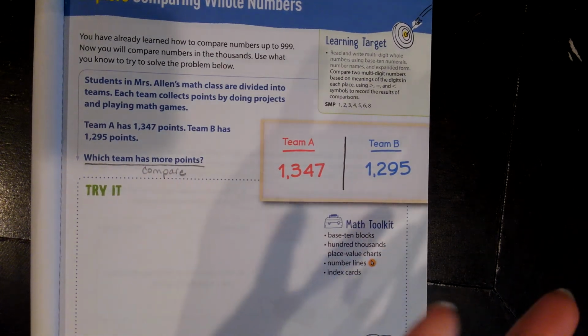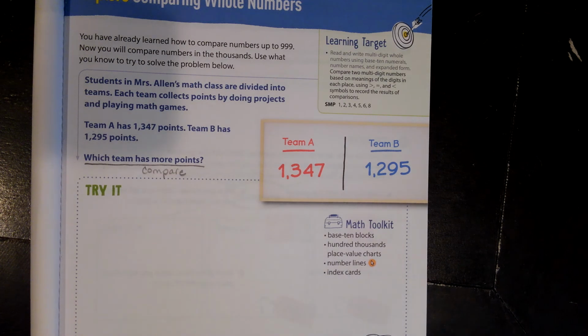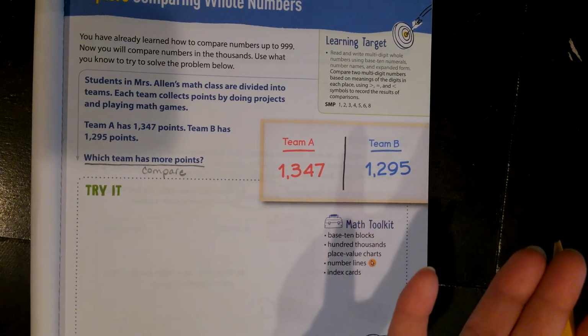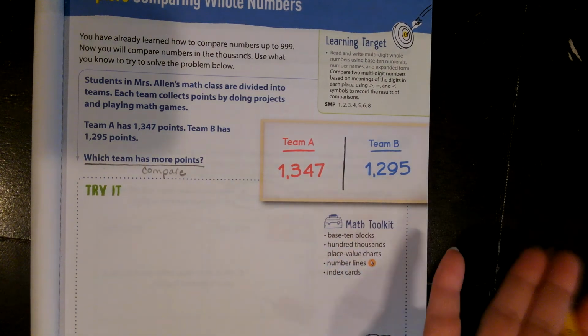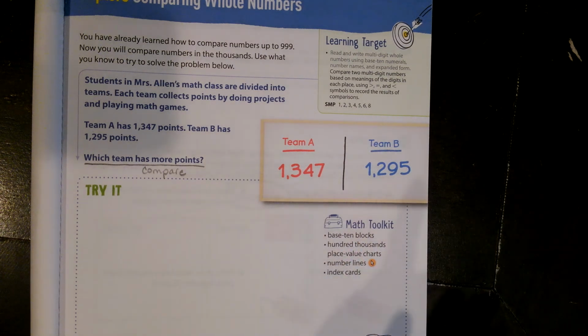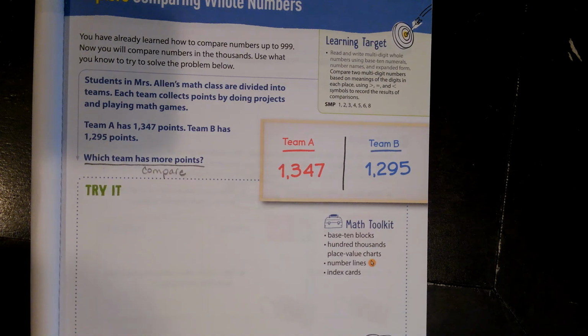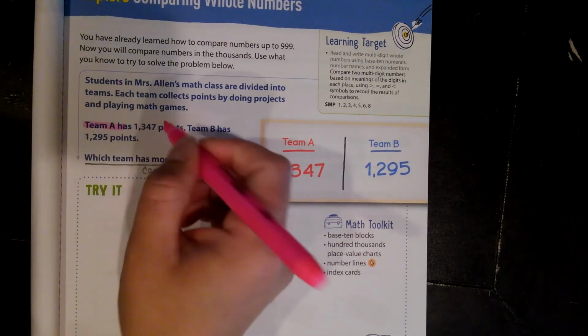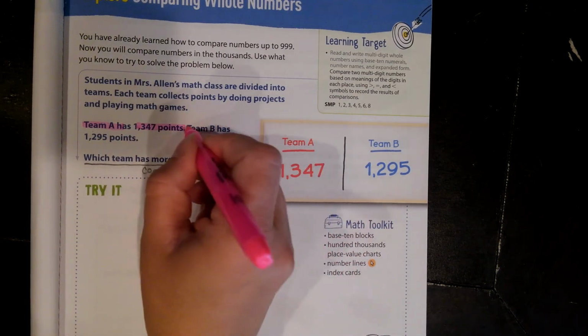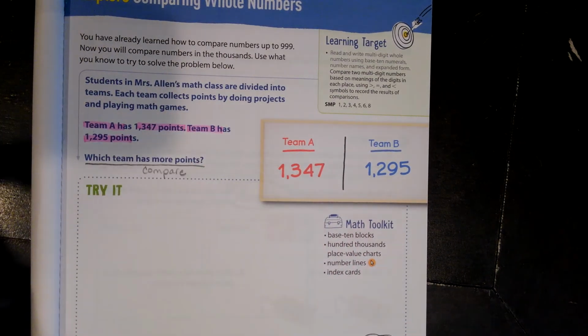So now I'm going to reread the story. What am I looking for when I reread? Important information. The important information is that Team A has this many points and Team B has this many points.